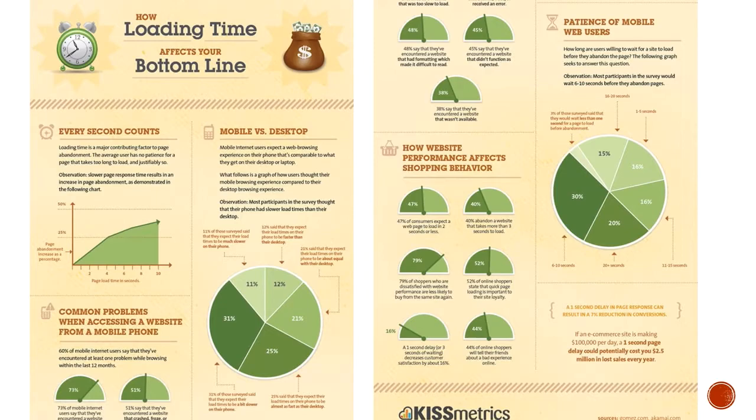Now, how website performance affects shopping behavior. 47% of consumers expect a web page to load in 2 seconds or less. So people are expecting it to be very quick. So if you can push it forward where loading is quick, now of course, things such as the very fact that we're using things like Face ID or a thumbprint based ID, remember, that's not the service running in the foreground.